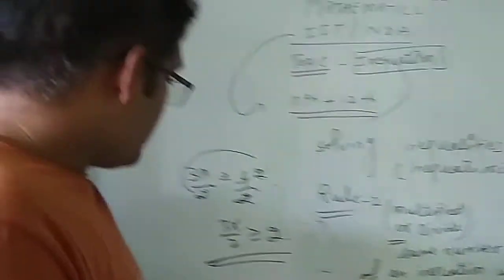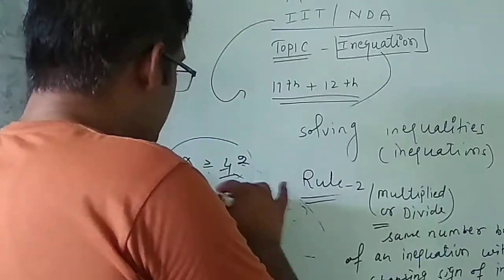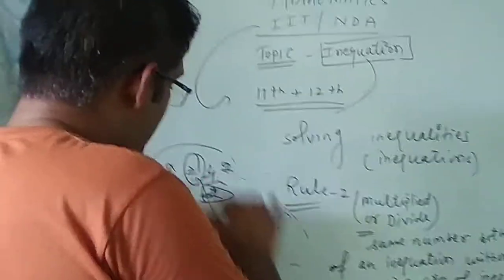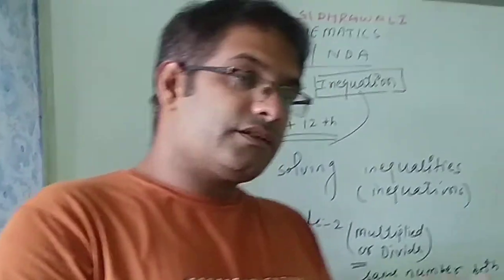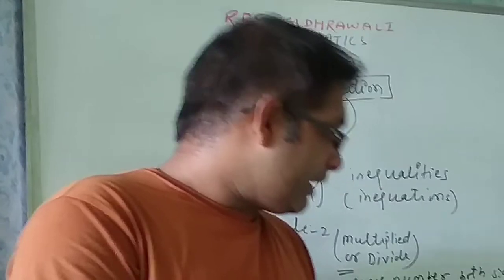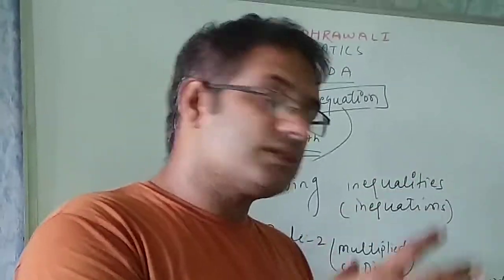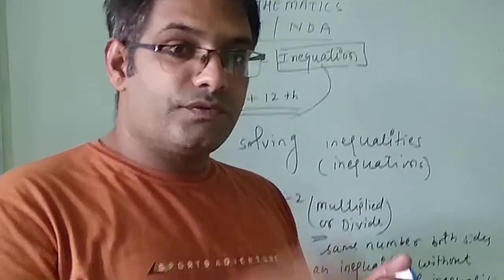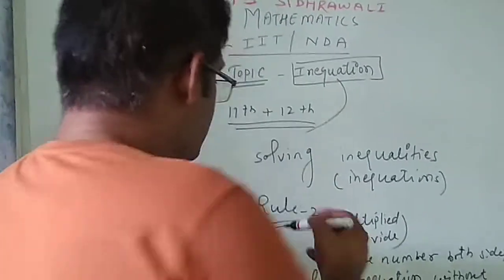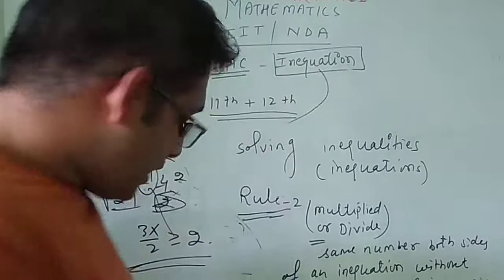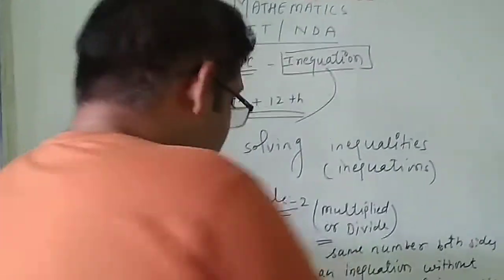That means I can divide by the same number on both sides without changing the sign of inequalities. So we can add, subtract, multiply, and divide by the same number on both sides of an inequation without changing the sign of inequalities. So this is our first and second rule. Now we discuss the third rule.